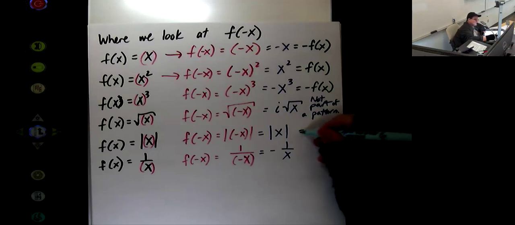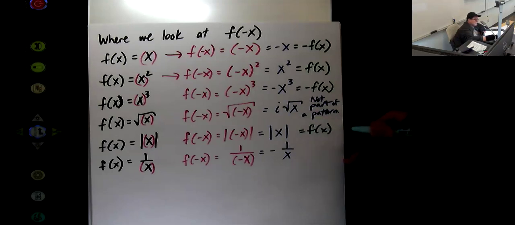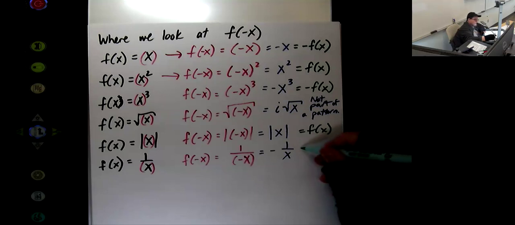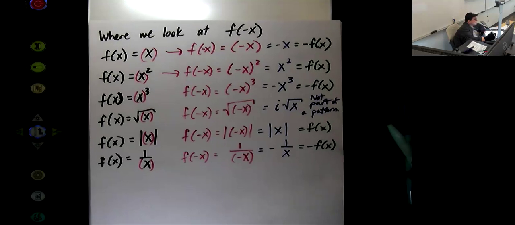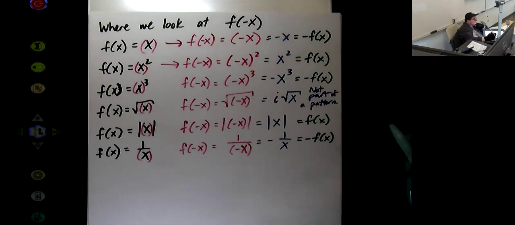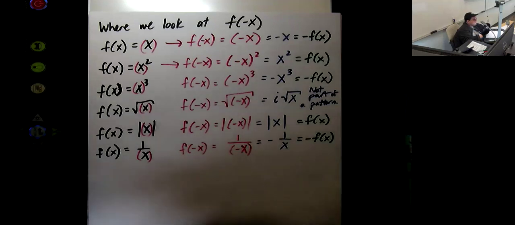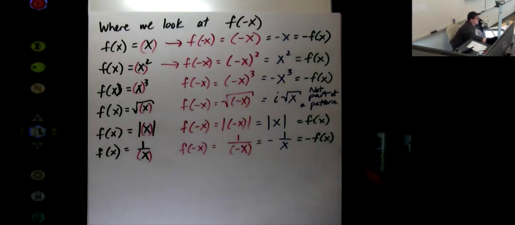And this one looks like f of x. And this one looks like negative f of x. Does that make sense? You guys see that? It's a little weird to compare it to the original function.